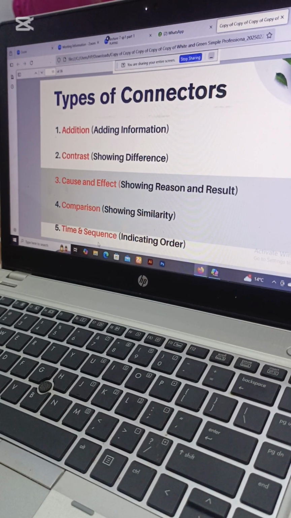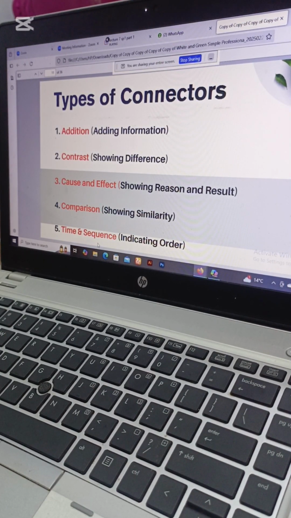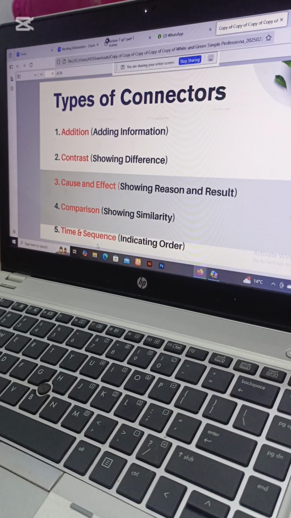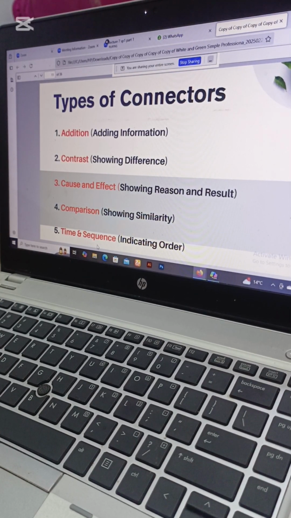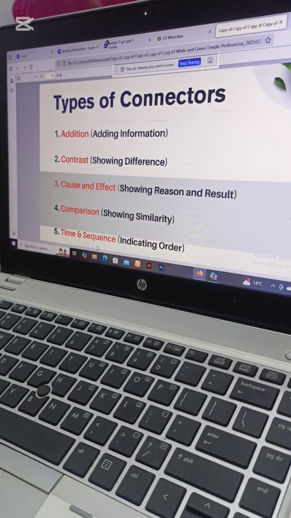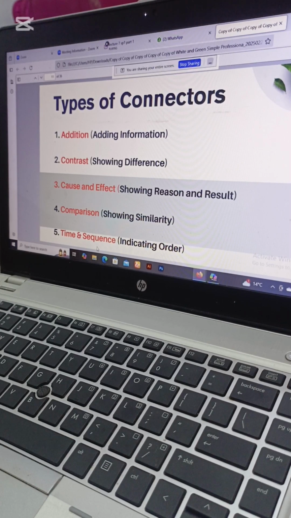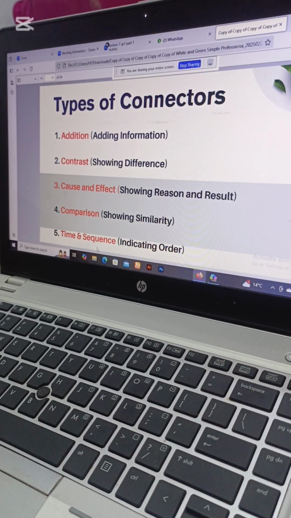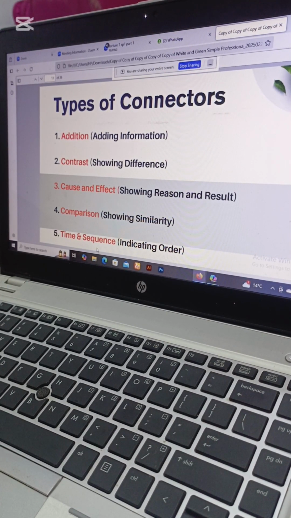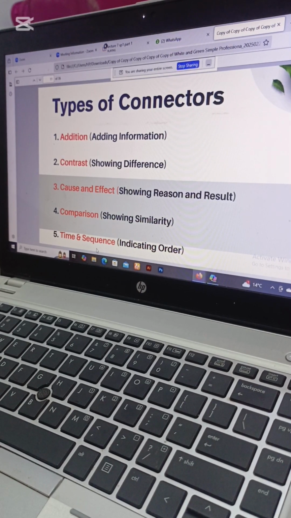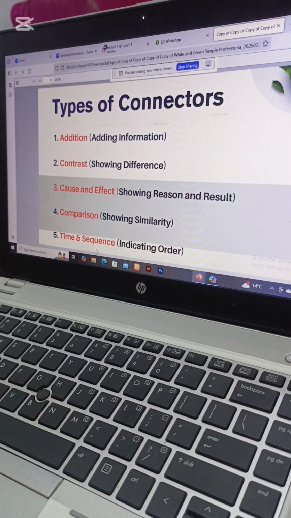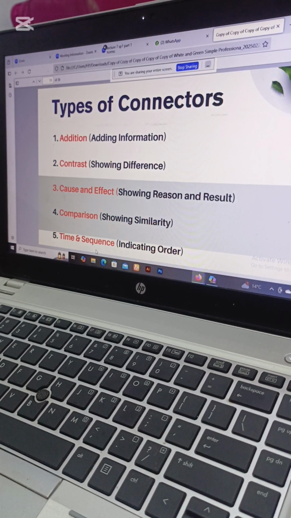What about because? Where does because go? Yes, this comes into the cause and effect. Cause and effect. Good. And what about comparison, where you show similarity?